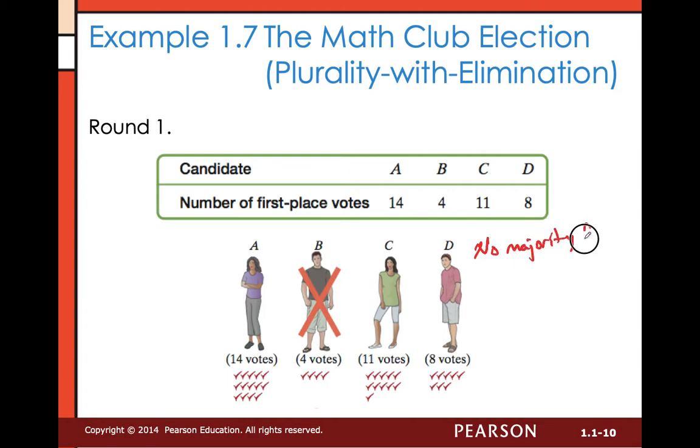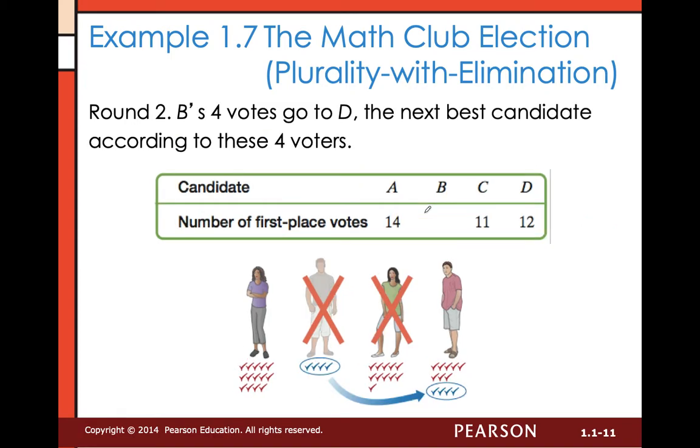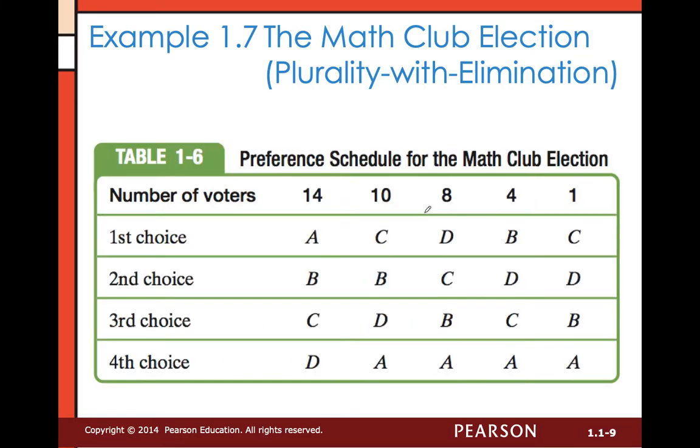And so if that's the case, then what we're going to do is eliminate the candidate with the fewest number of first place votes. Then we're going to look to see where those will go. So if you go back to the people that voted for B, the 4 first place votes, B is now eliminated. So we would go through this table and eliminate B from all of those.